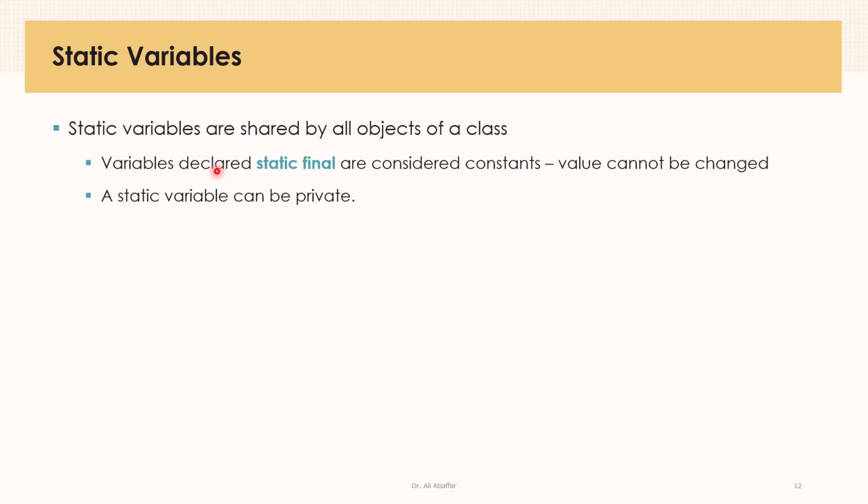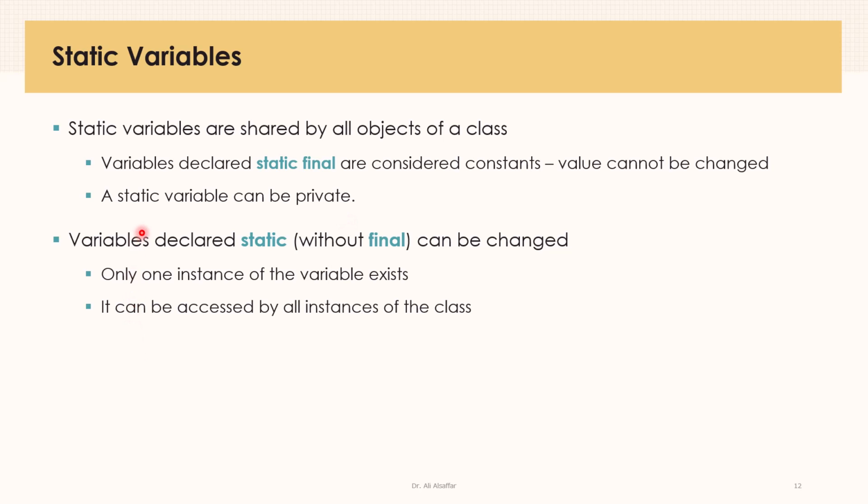So variables inside a class, when you declare them as static final, and you know when we say final, it means they are constants and we cannot change them. You can define static variables public and you can define them as private. But remember, if you define them private, then you cannot use them outside the class.